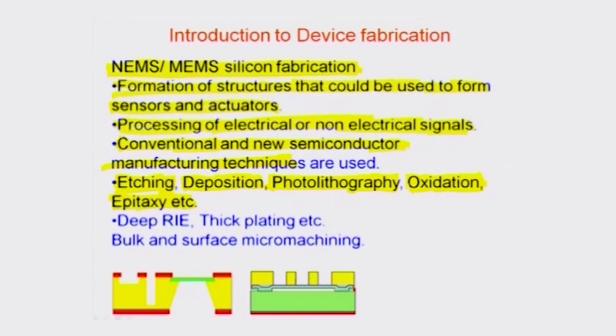So, these are conventional semiconductor manufacturing processes which have been merged into the MEMS domain or microsystems fabrication domain. Apart from that, there are deep RIE or deep reactive ion etching, which is a very new technique in the microsystems domain. And then of course thick plating, which is also used. This is electroplating, which is a sort of electrochemical machining operation where you can actually deposit films of certain size.